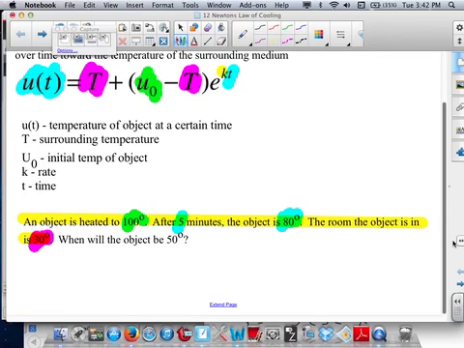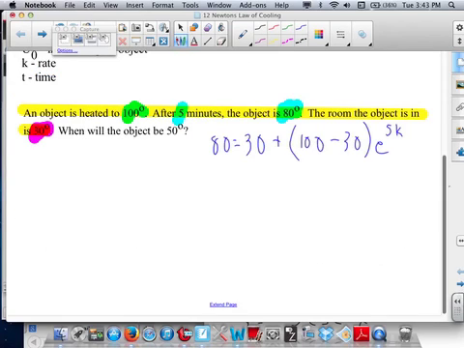So let's plug in our numbers. U sub T we said was 80 degrees. Capital T is the temperature of the surrounding area, which is 30, plus our initial temperature, that's 100, minus the temperature of the surrounding area again, 30, e to the 5, that's our time, K. Let's go ahead and solve for K. Now what are we going to do first? I think we should figure out what that parentheses is first. That's going to be 70.